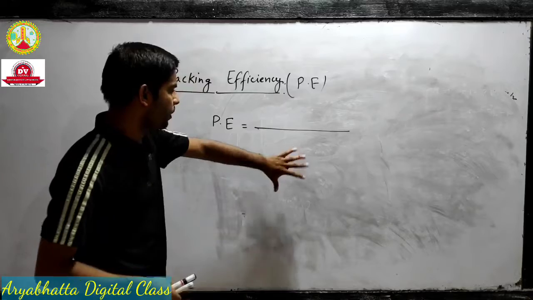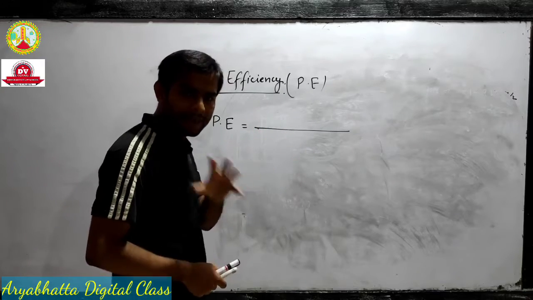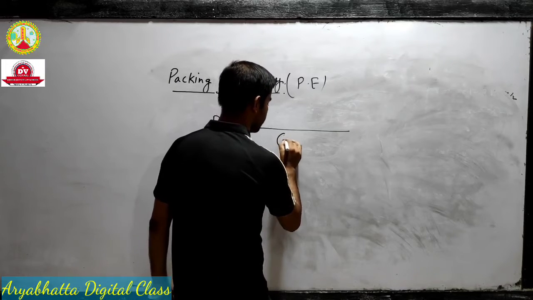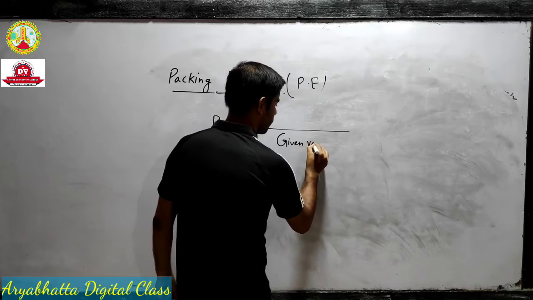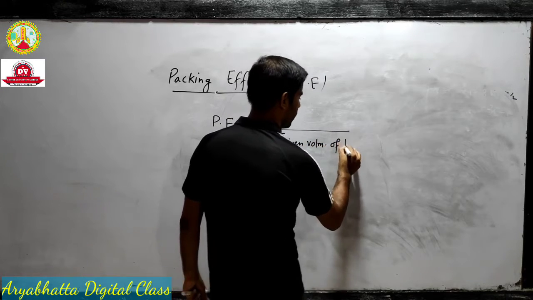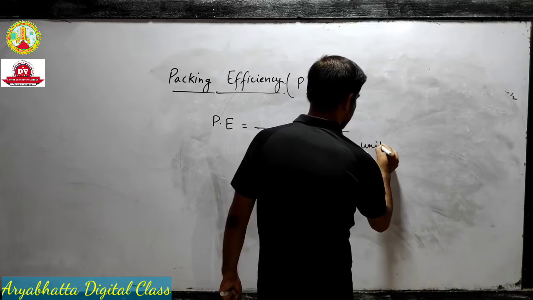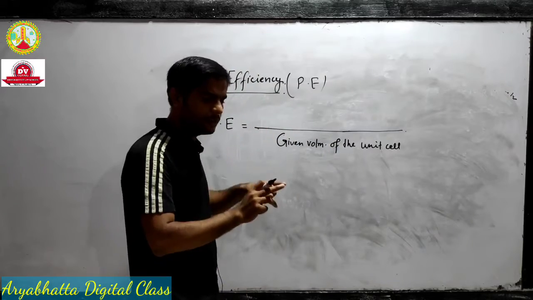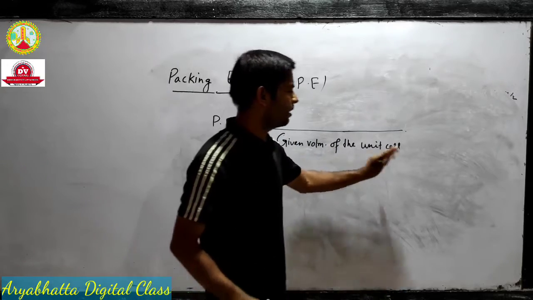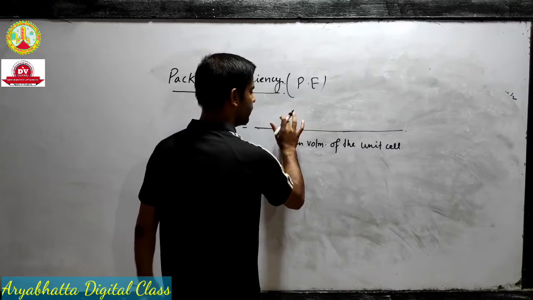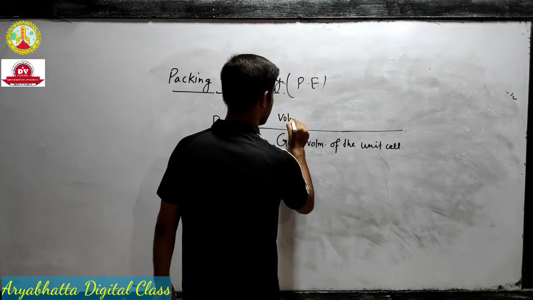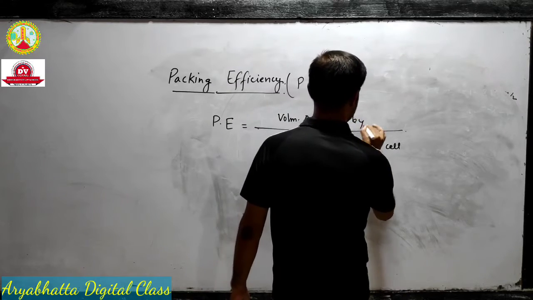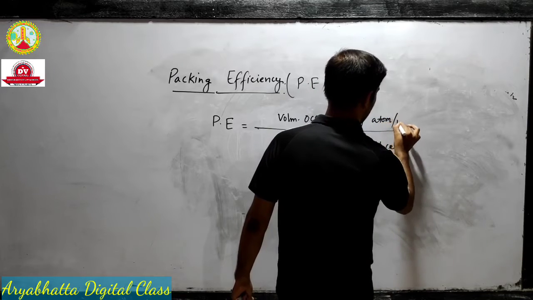Using the same method we will calculate packing efficiency. We have a given volume of the unit cell, that means the cubical cell that we have has a given volume, and we will divide the volume occupied by atoms or molecules by it.